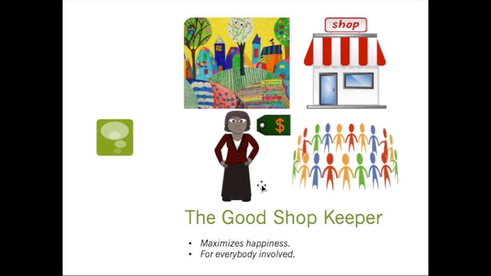It is not about those kinds of overall principles. It is about maximizing the happiness for everybody involved. By keeping the prices low, everybody is happier when we take everybody into account. Because it maximizes happiness for everybody involved, this is the right thing to do.